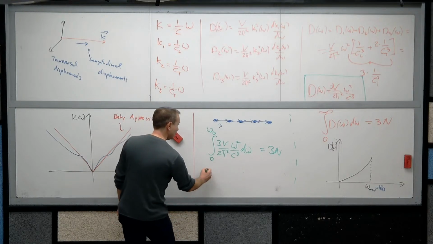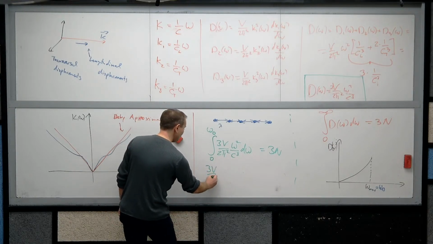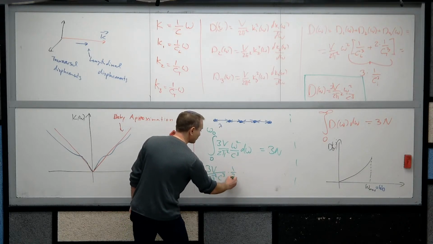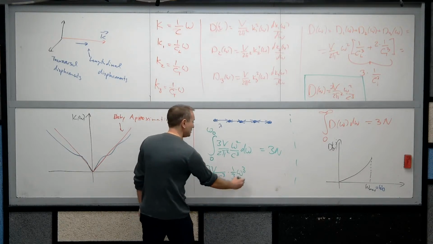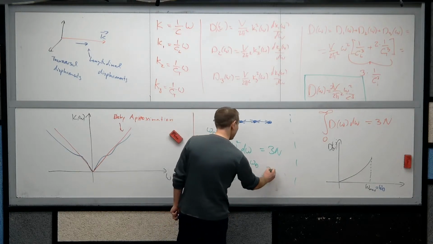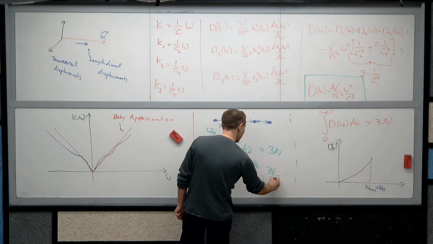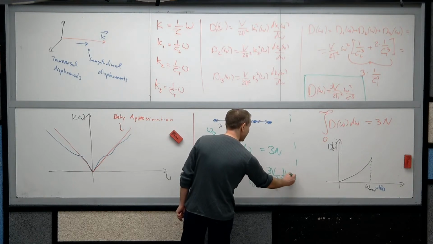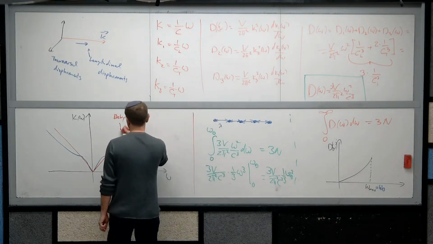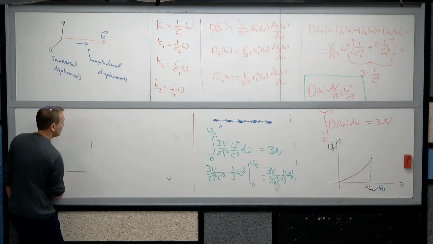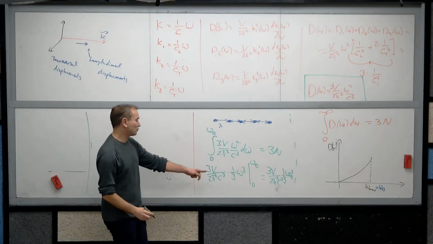This integral is 3V over 2 pi squared c to the third power, multiplied by 1 over 3 omega to the third power between 0 and omega Debye, equals 3V divided by 2 pi squared c to the third power, 1 over 3 omega Debye to the third power, and all of this equals 3N.